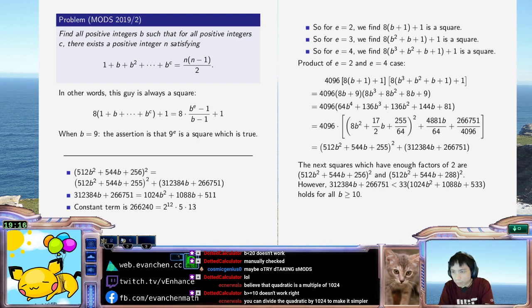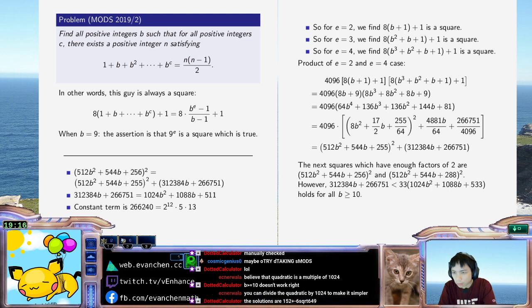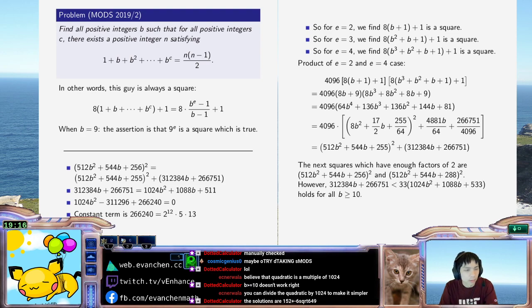Okay, so 1024b squared minus 311,296. Okay, so it's just a multiple of 1024. That makes life a lot easier. b squared minus 304b plus 260.